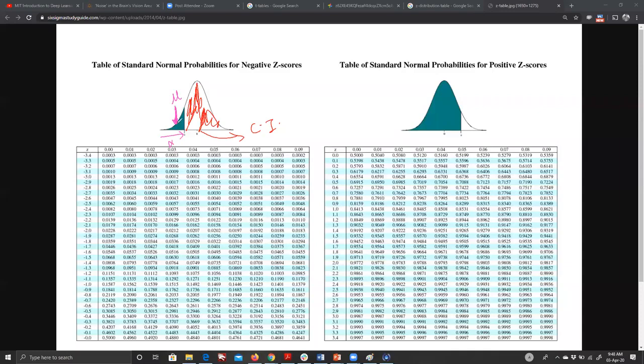It's a new one. So the area calculation will be done from negative infinity till this point. If it is positive, it will be done in a reverse way. Now you just have to tell me, this is mu naught. Would this mu lead to rejection of mu naught, yes or no? And if yes, how would you calculate it?